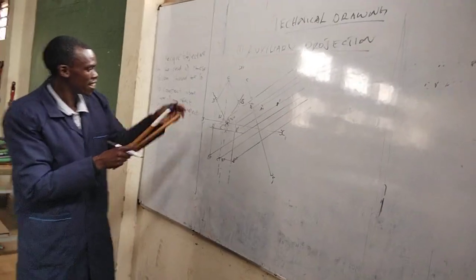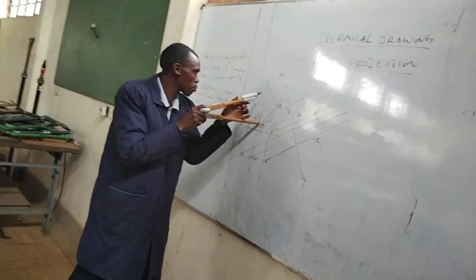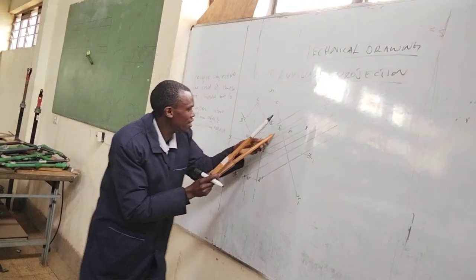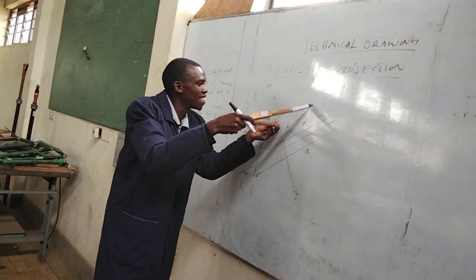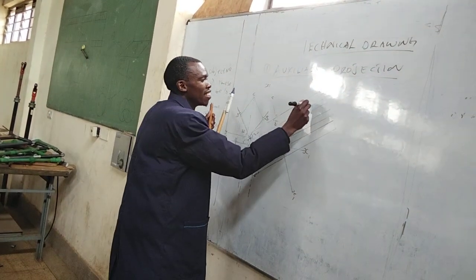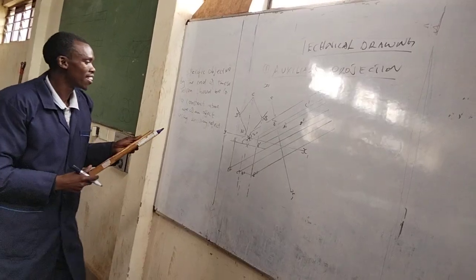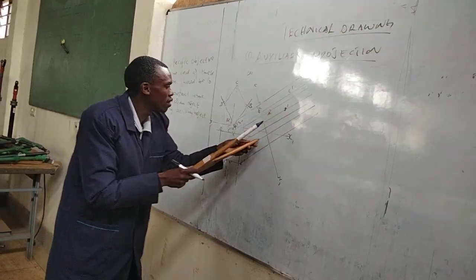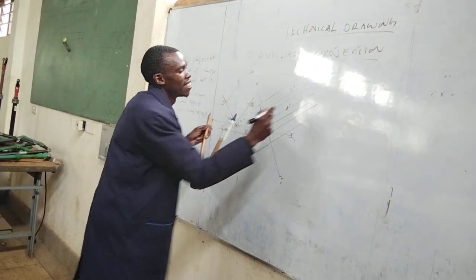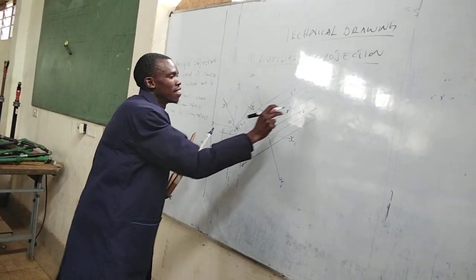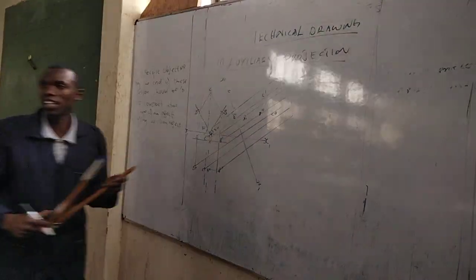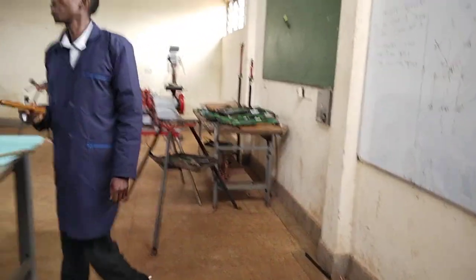Next is C. You follow the same procedure. You measure, you follow where you get C, you follow that line, you measure, you follow C1. Next is C2. Where is C2? Are we together? Yes. Or you are seeing stars?